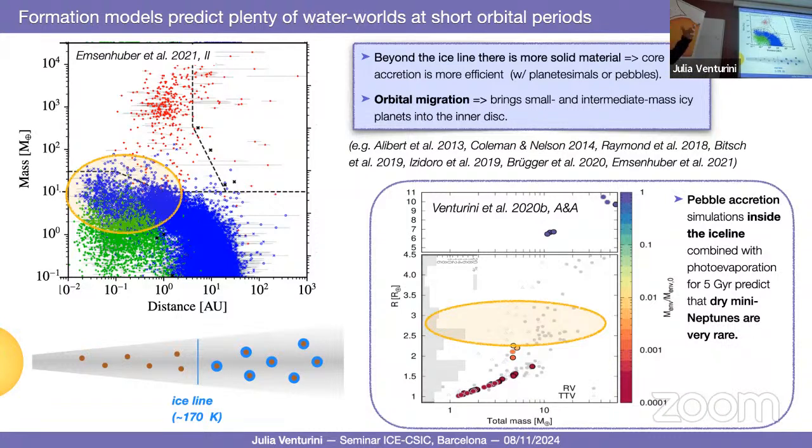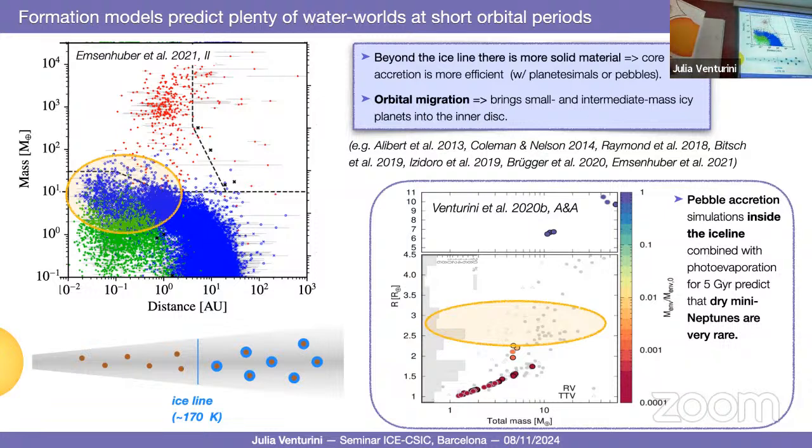And also migration is operating at this mass range. So migration brings these water-rich planets from beyond the iceline to close-in orbits. From a formation point of view, there should be plenty of water-rich planets. It cannot be that the mini-Neptunes are dry, as the evolution models are predicting.